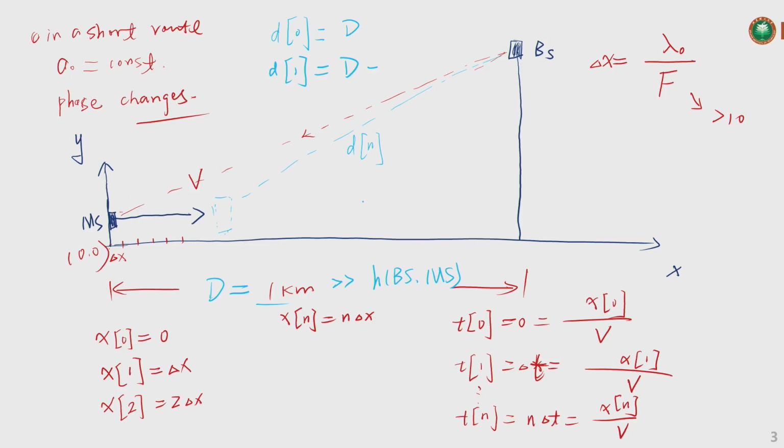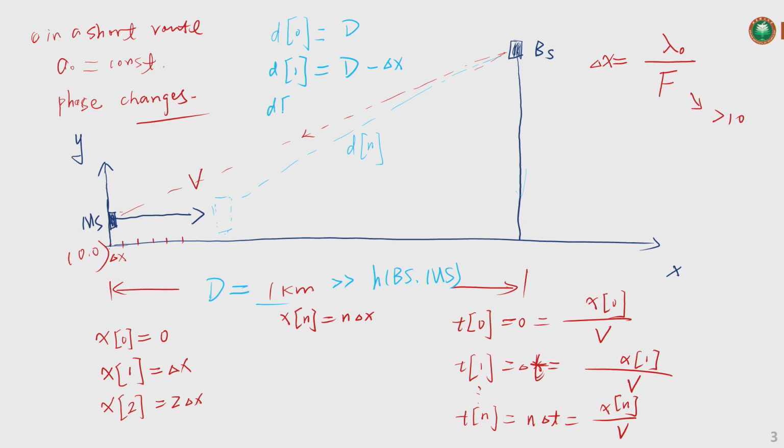Maybe we can plot it here. They are in the same line, maybe always along the x-axis. So d can be d minus delta x, a straight line along the x-axis.